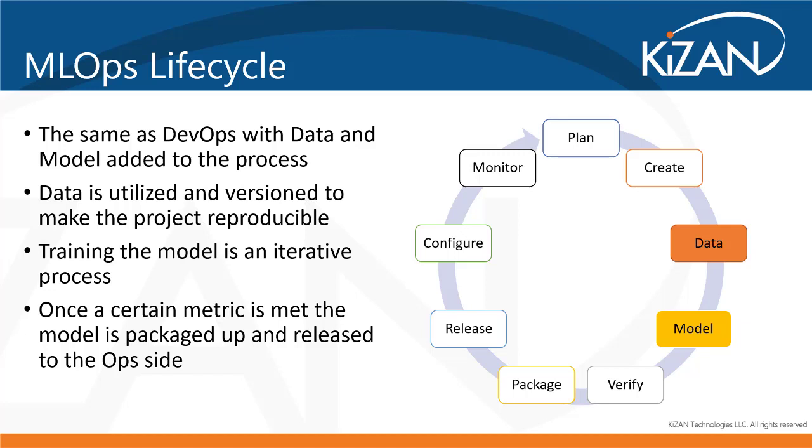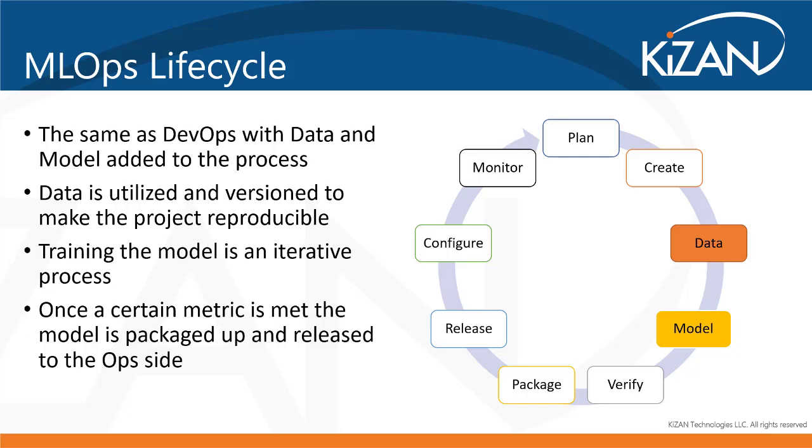But once it meets the accuracy requirements and it's verified with test data, so data it is not trained on, but a different set of data that can be used to test predictions. So once all of that has been verified, we can package it up and send it to the operational team. Similar to before, our production environment needs to be configured to match our testing and QA environments.